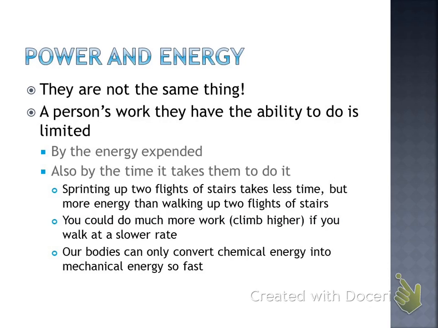We can't expend energy constantly, and we can't do it for an infinite amount of time. So we could sprint up 2 flights of stairs, which would take less time but more energy. We could walk up the same flight of stairs, which would take more time but maybe less energy.